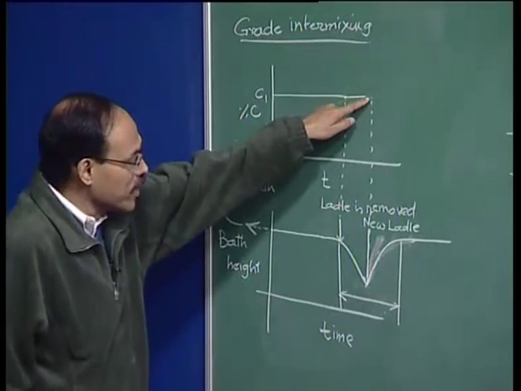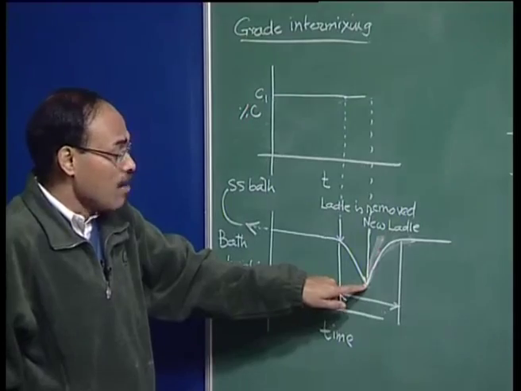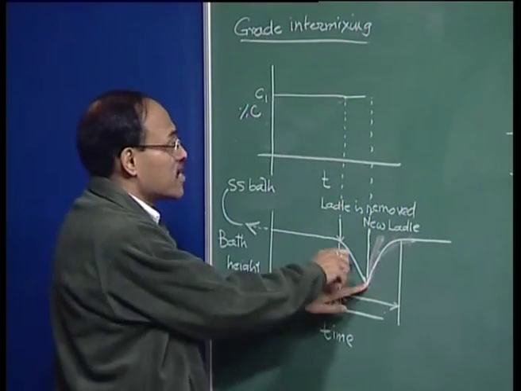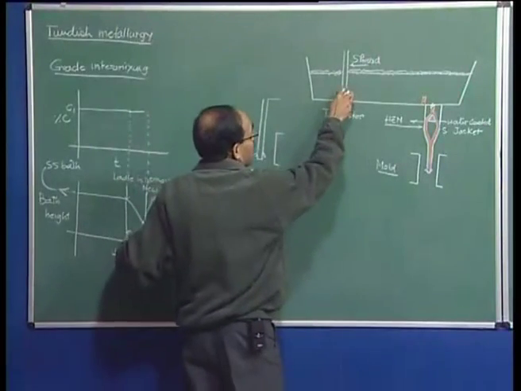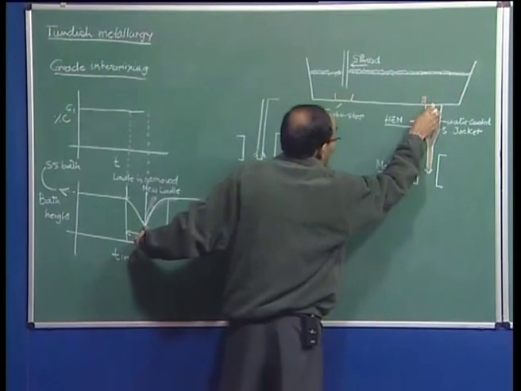I have brought in the new ladle and opened it here, but still I am not going to see that the concentration has changed, because it is going to take some amount of time before my probe can detect it.